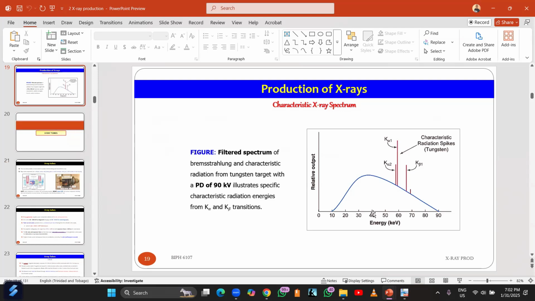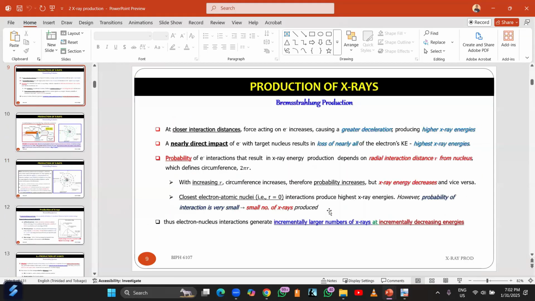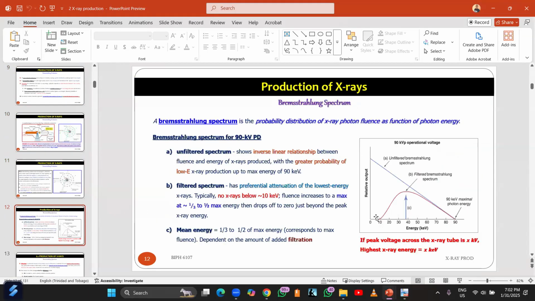All right. So if you plot, this is a spectrum with characteristic X-rays and bremsstrahlung. This is filtered, so it starts from 10. Let me go to the original one, the unfiltered one. Unfortunately this is filtered, but let's say it's not filtered.